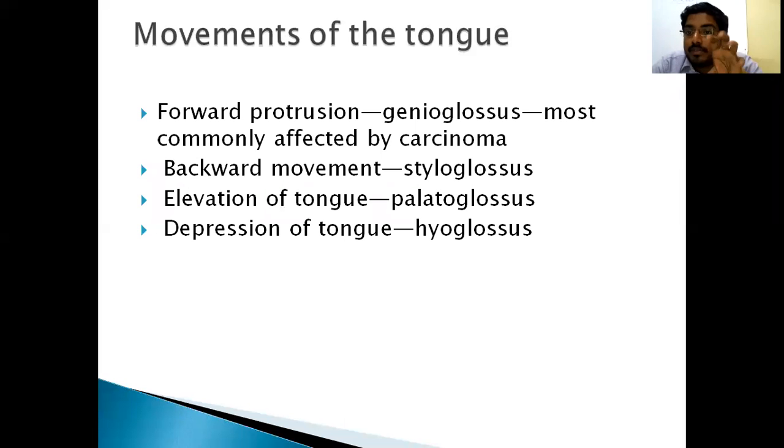Of these, the forward movement is mostly affected by the carcinoma. These are the extrinsic and intrinsic muscles, four each, and their movements.